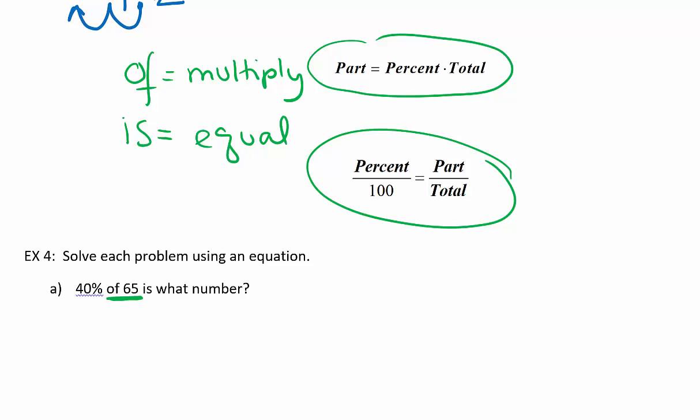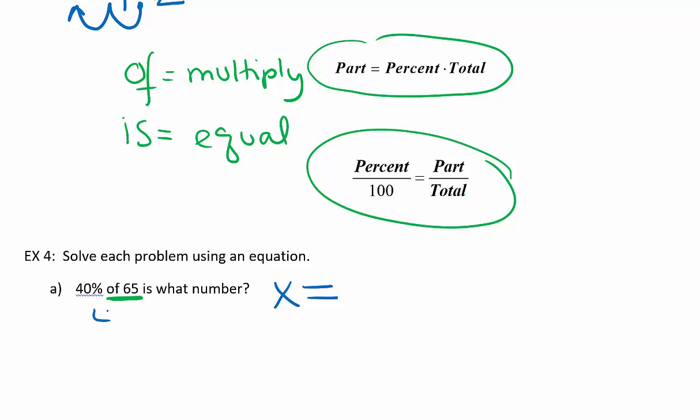So it says 40% of 65 is what number? The 65 is the total, 40% is the percent, and we're trying to find the part of that total. So using my equation, the part is the unknown, I might call that x. That's going to equal my percent times my total. Now when you put percentages into math equations, you have to change them to fractions or decimals.